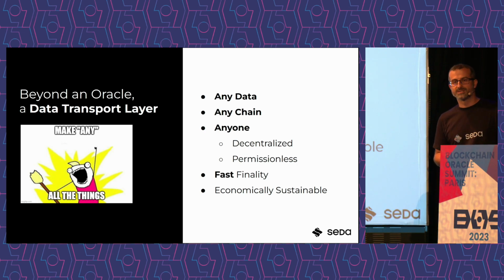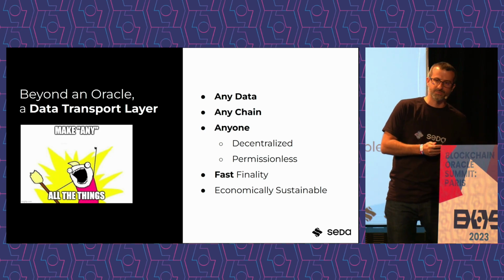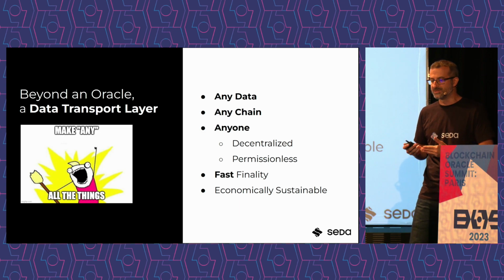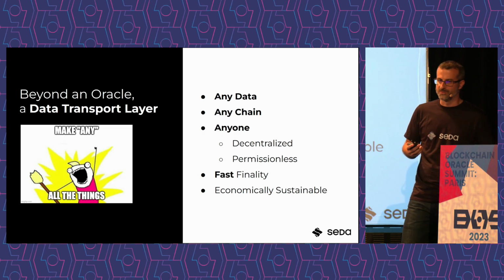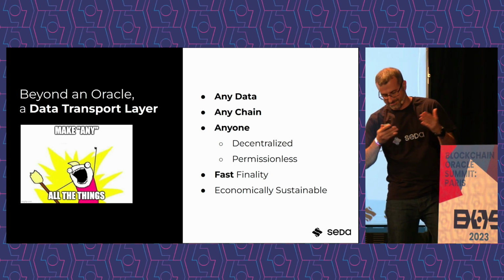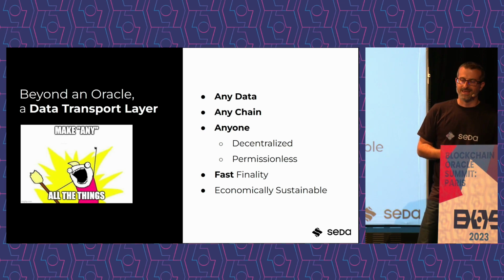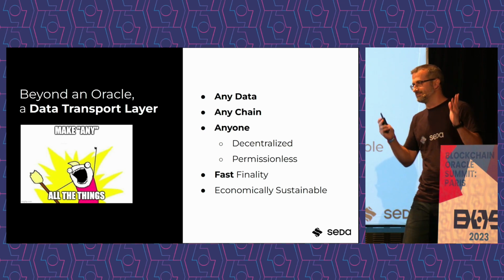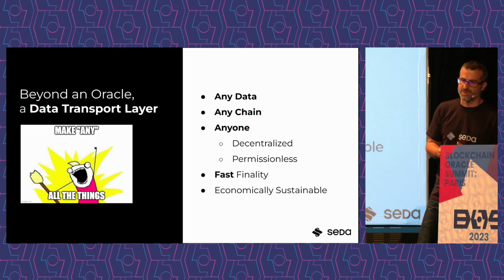The last two points are more non-functional requirements. Because of our previous experience with the third-party Oracle, we want to build something that is really fast. We are building this protocol in a way that it's going to be executing data requests in a matter of minutes.